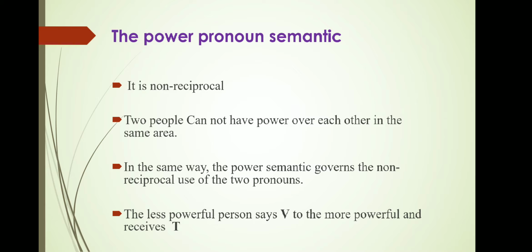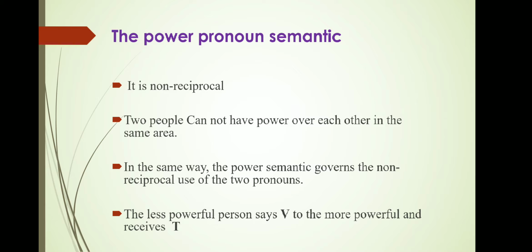And to start, the first independent variable is the power pronoun semantic. First, the term semantic refers to the covariation between the pronoun used and the objective relationship between the speaker and the addressee. This power pronoun semantic is non-reciprocal, just like power relationships.